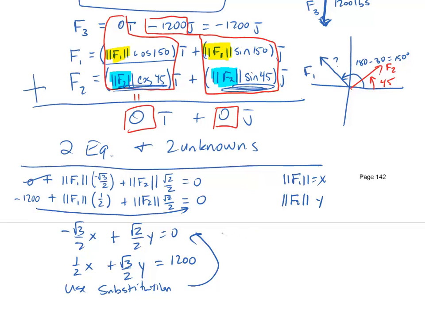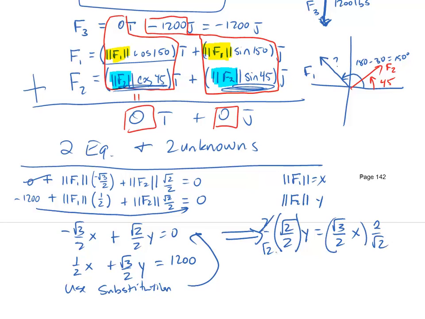So this one right here would tell me that square root of 2 over 2 y is equal to square root of 3 over 2 x. And if I multiply both sides by 2 over the square root of 2, I get rid of it on this side, and I have y is equal to, 2's cancel, square root of 3 over square root of 2 x.